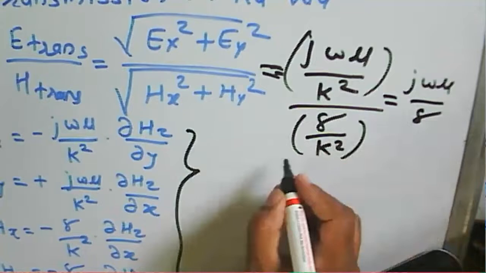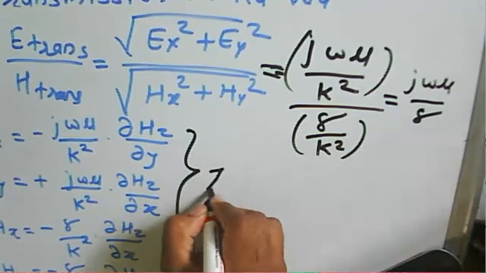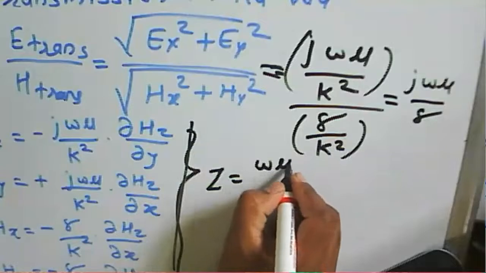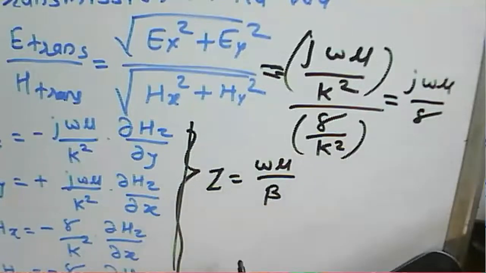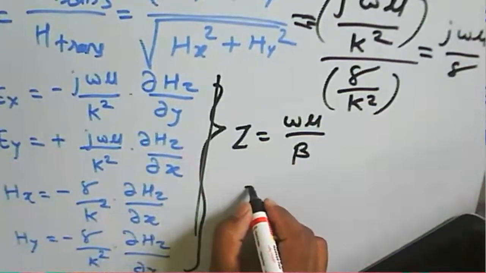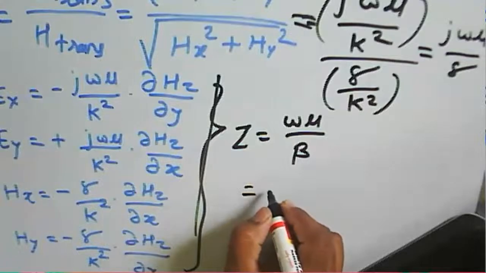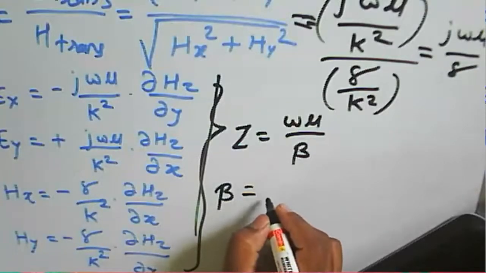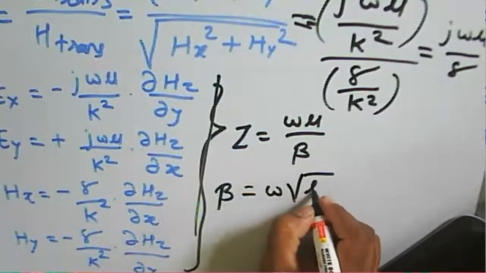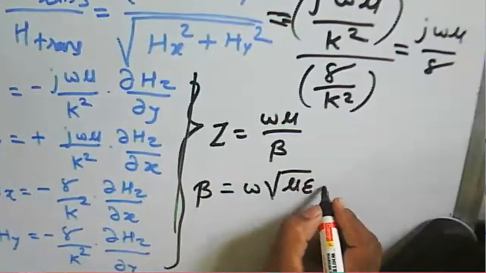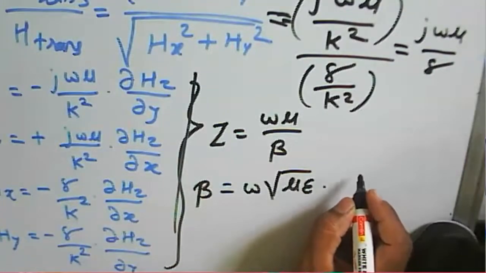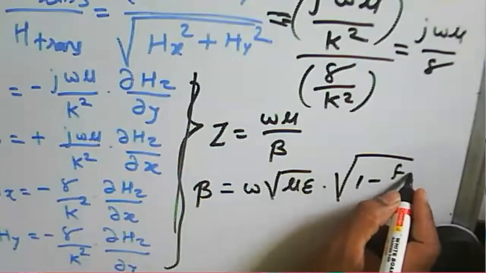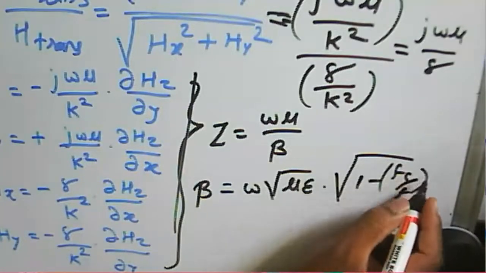Then this Z will be omega mu by beta. So we can write the expression of beta: under root of mu epsilon into the term 1 minus fc by f bracket square.